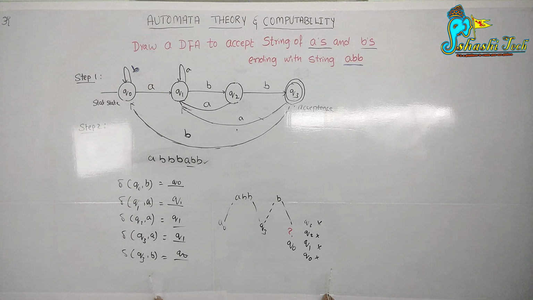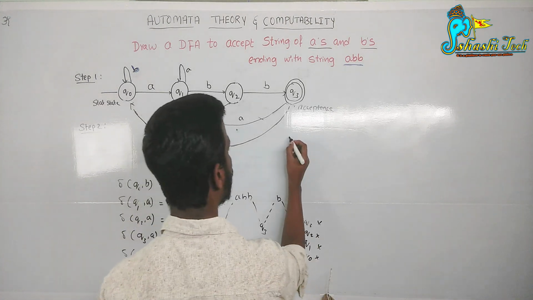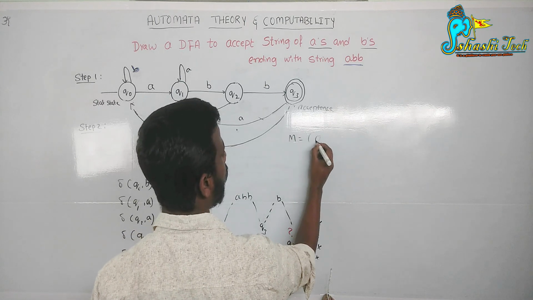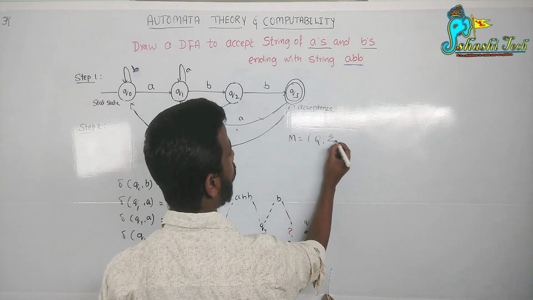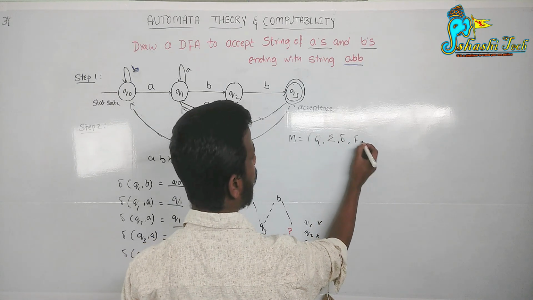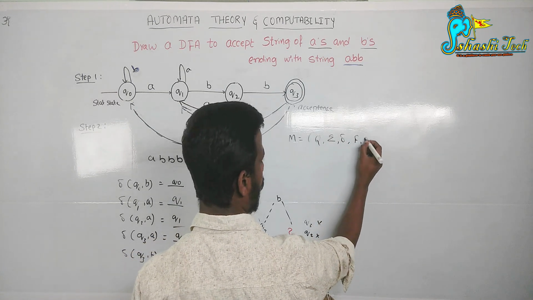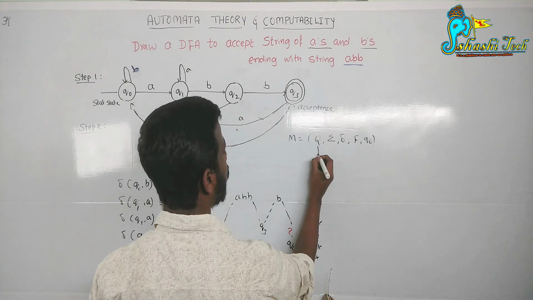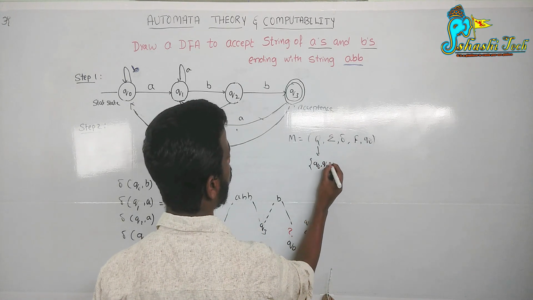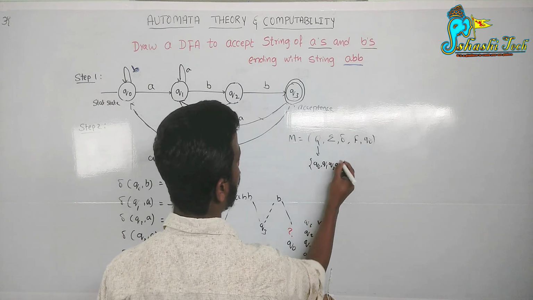For the particular question, we shall write the formal DFA: Q, sigma, delta, F and finally Q0. Q is the set of states, Q0, Q1, Q2, Q3.